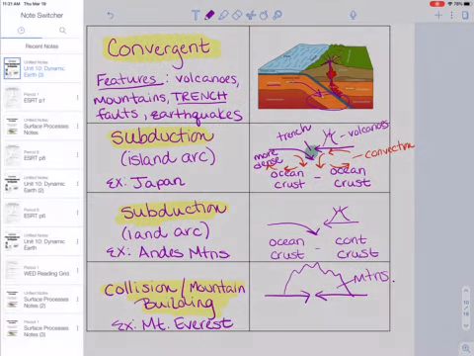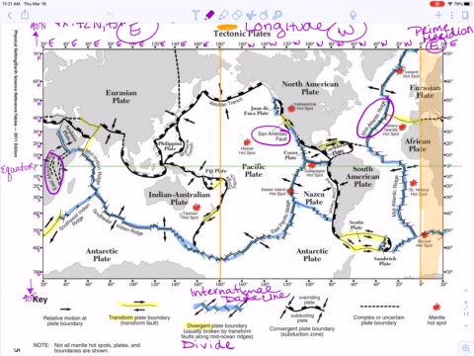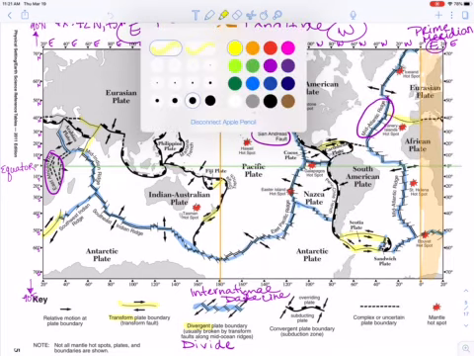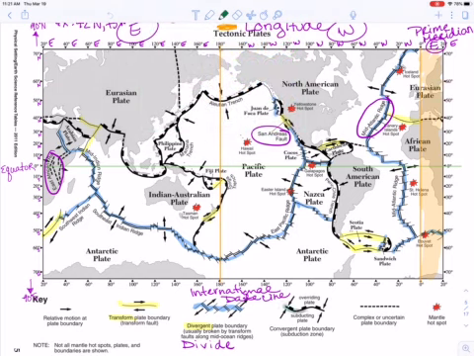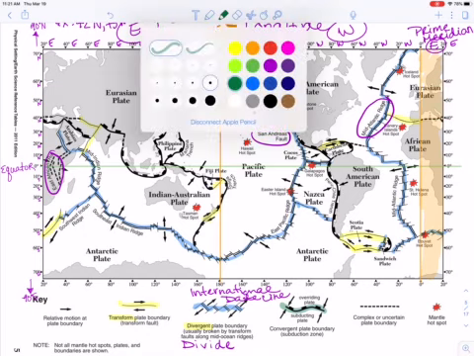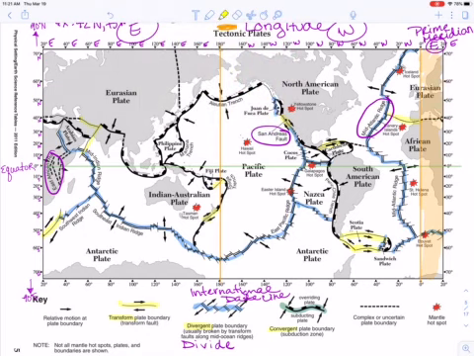So let's look at our reference table right here, and let's take green for our subduction, our convergent boundaries. Remember, these are collide. Oh, and I didn't write this here: slip and slide.